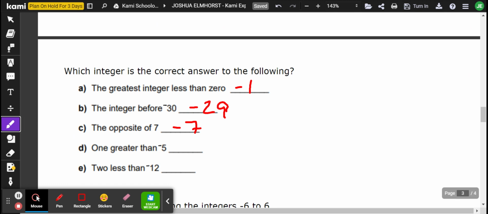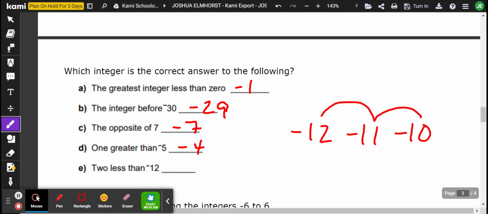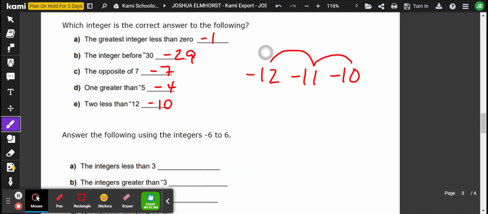If it was positive, that would be 6. But because they're negatives, we're going to be counting down towards the number line towards 0, and -4 is greater than -5. 2 less than -12. Got -12, -11, -10. 1, 2. So -10 is going to be 2 less.